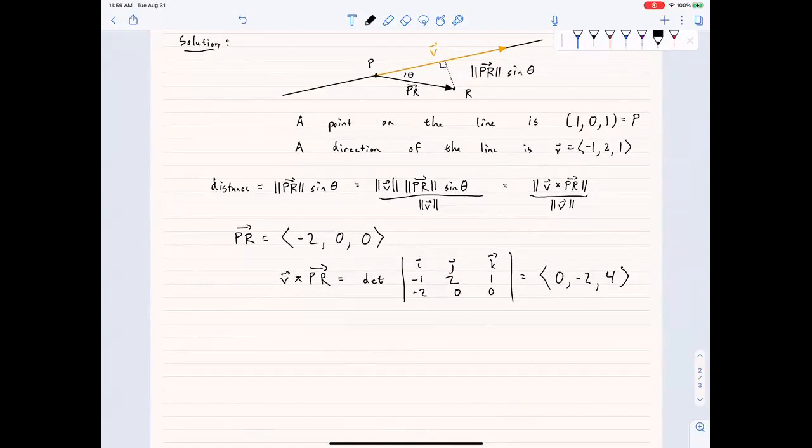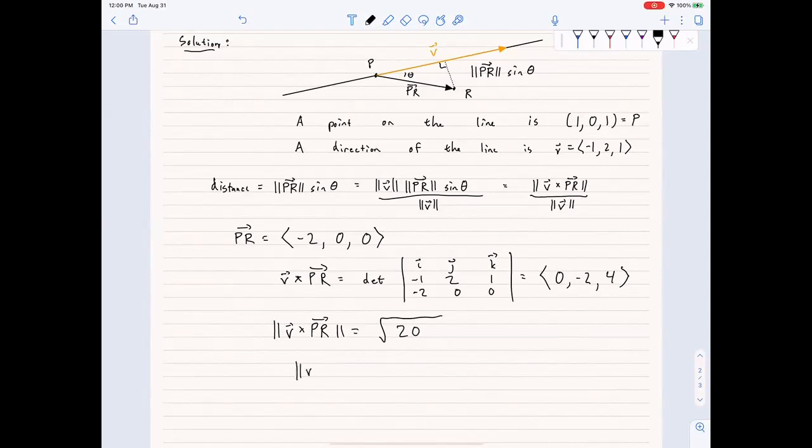And of course, all I need to do then is take the magnitude of this vector and divide it by the magnitude of V. So the magnitude of V cross PR is the square root of the sum of the squares. So this is the square root of 0 plus 4 plus 16, which is the square root of 20.